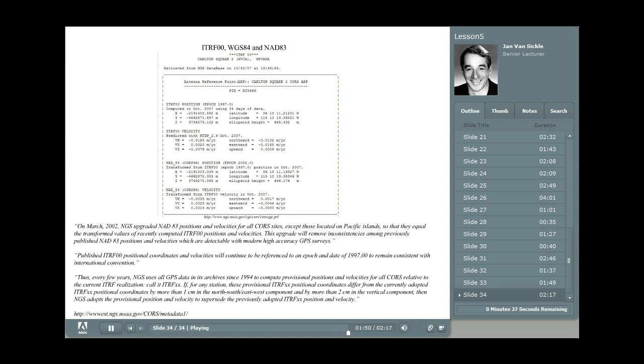You would have the option of post-processing your GPS position based upon either the NAD83 position or the ITRF position. So you could have coordinates in either datum, depending on which you desired. Again, a very, very useful resource.